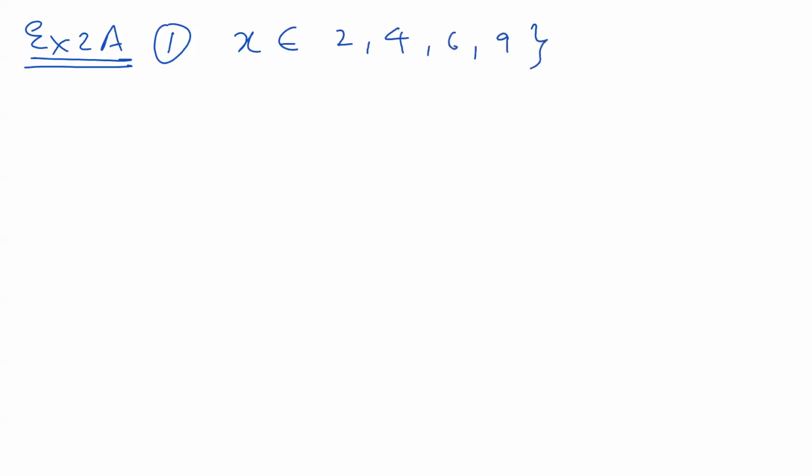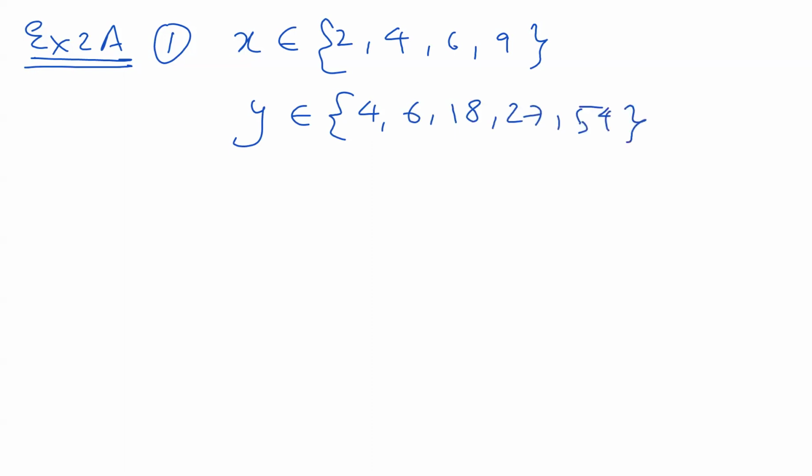Let us go to exercise 2A. Question number 1. X belongs to {2, 4, 6, 9}, and Y belongs to {4, 6, 18, 27, 54}.